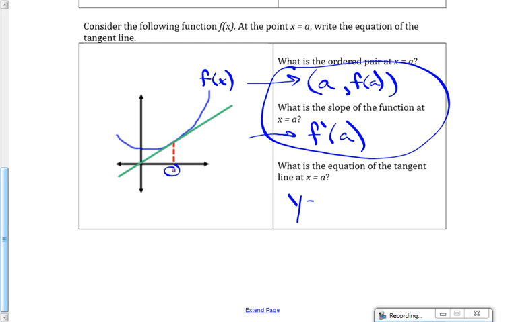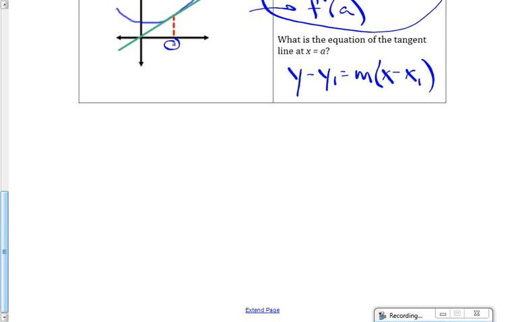In general, I'll write down this. That's point slope form for the equation for a line, right? Let's apply what we know in this scenario to it. Y minus f of a equals f prime of a times x minus a, right?